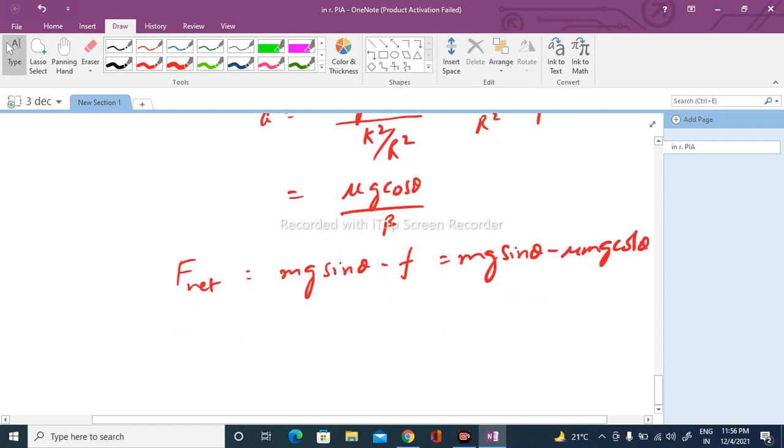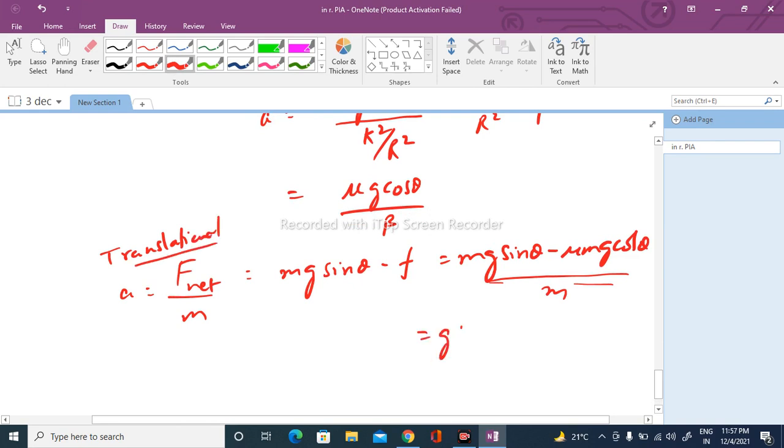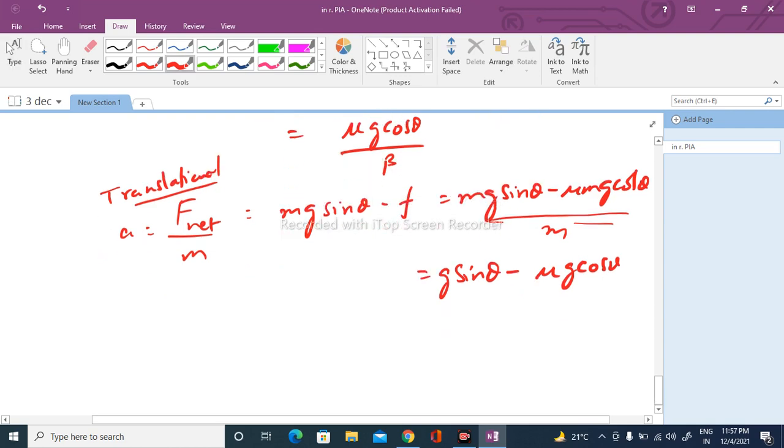For acceleration we have to divide this whole thing by mass. So this is the translational acceleration: if you cancel out m, it is g sin theta minus mu g cos theta.